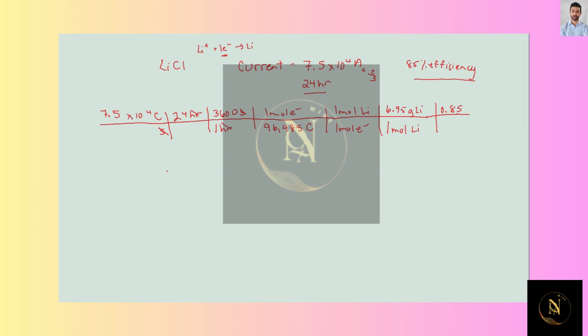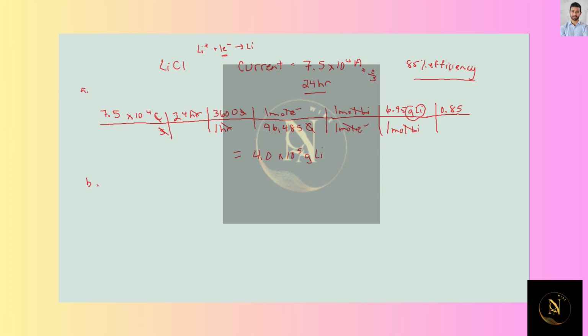So my moles of electrons cancel, my coulombs cancel, my moles of lithium cancel, and I'm left with my mass of lithium. So you plug all that into your calculator and you get 4.0 times 10 to the fifth grams of lithium. That's part A.